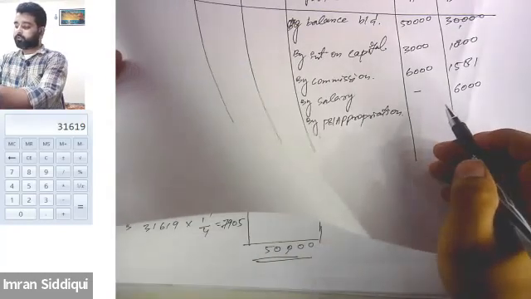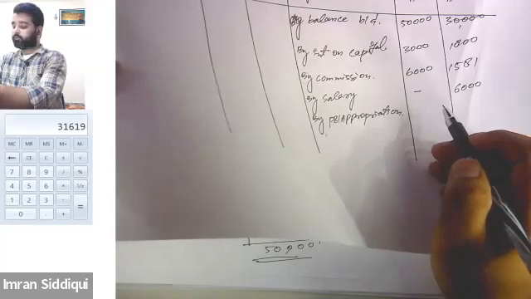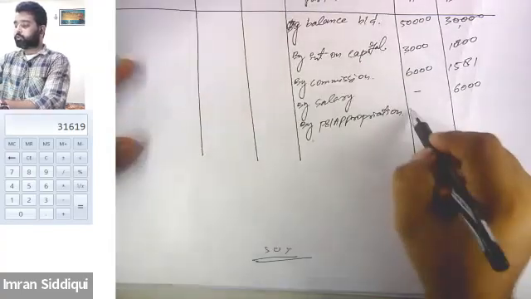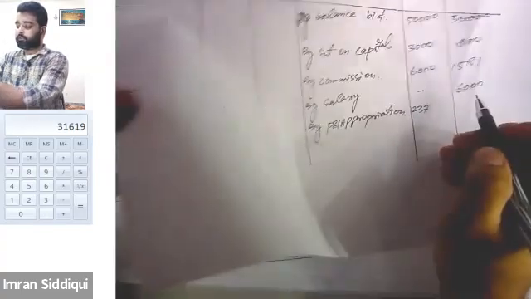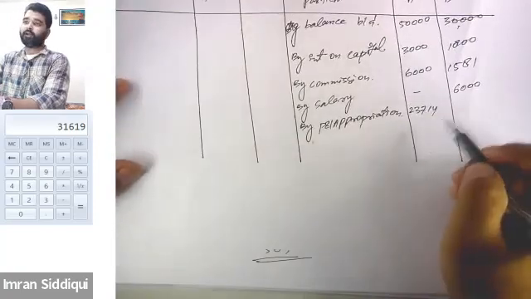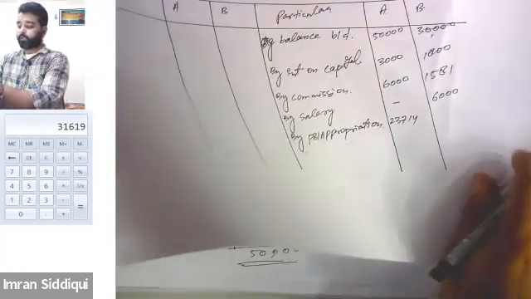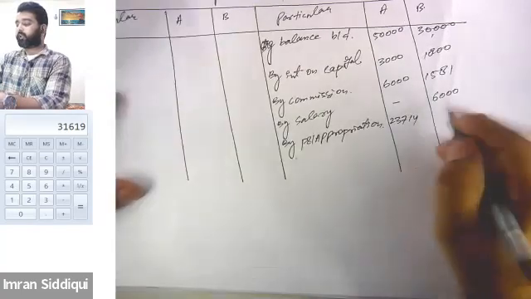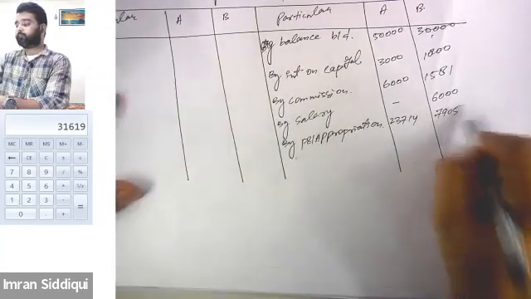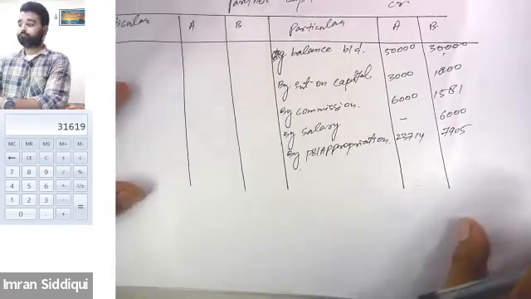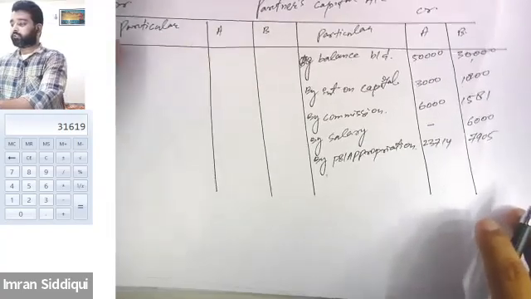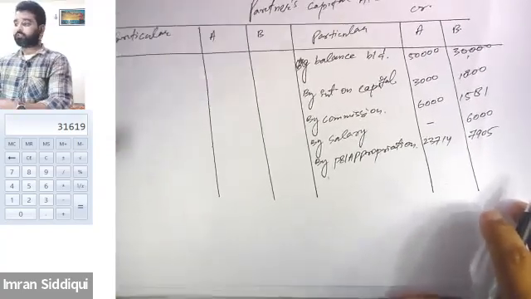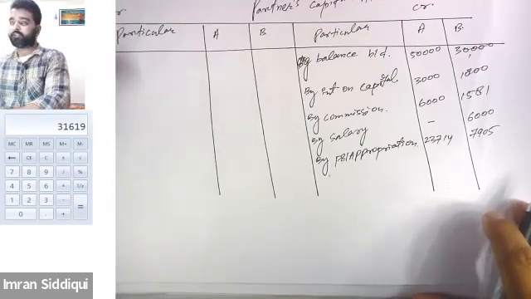Mr. A has received 23,714 as profit, and Mr. B has received 7,905 as profit. Okay, so this is it. These are the transactions that we need to record on the credit side.